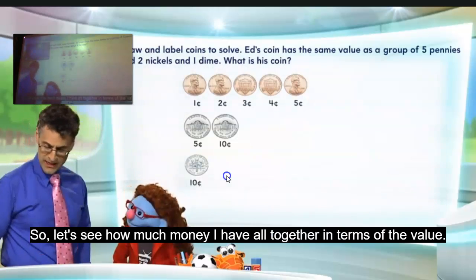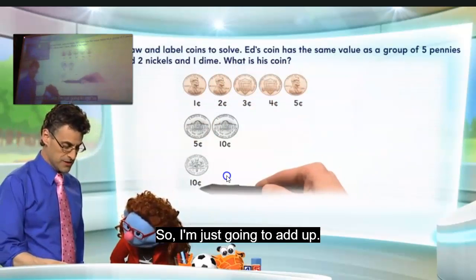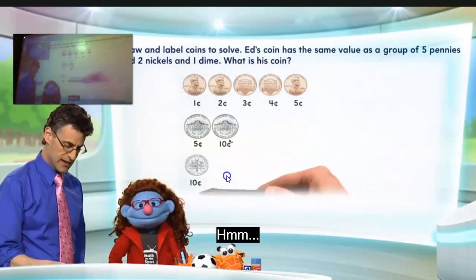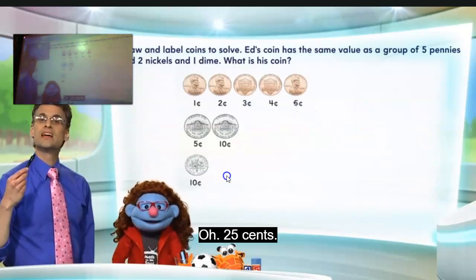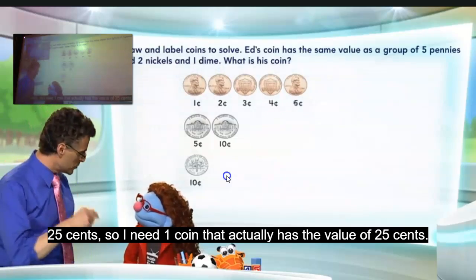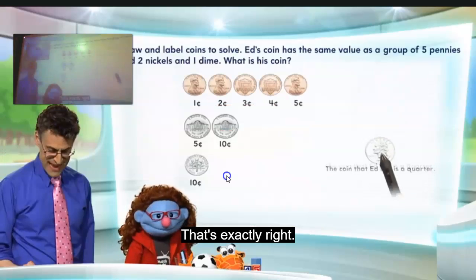That's right. So let's see how much money I have all together in terms of the value. So I'm just going to add up. So I have 10 cents plus 10 cents, that's 20 cents. And 20 cents plus 5 cents is? Oh, 25 cents. 25 cents. So I need one coin that actually has the value of 25 cents. So you need a quarter. That's exactly right.